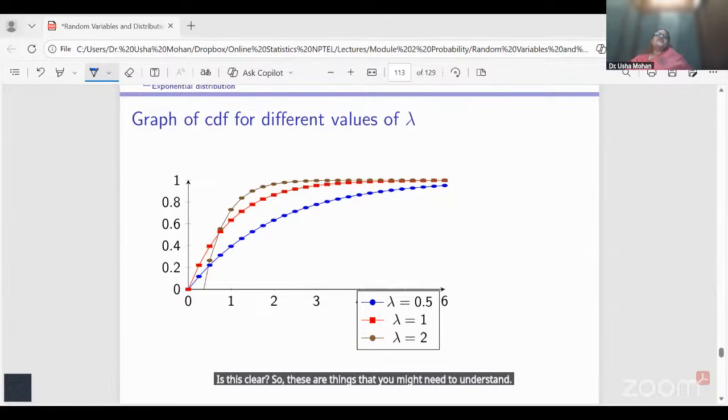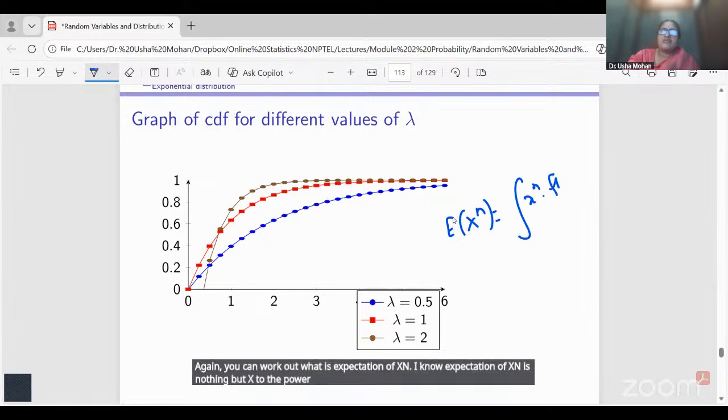Now, what is the expectation of an exponential distribution? Again, you can work out the expectation of x to the power of n. I know the expectation of x to the power of n is nothing but the integral of x to the power of n times f of x dx.